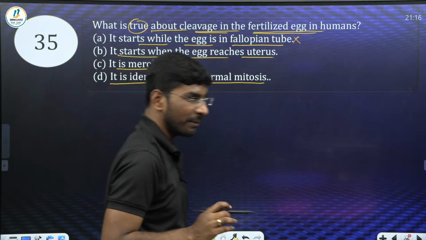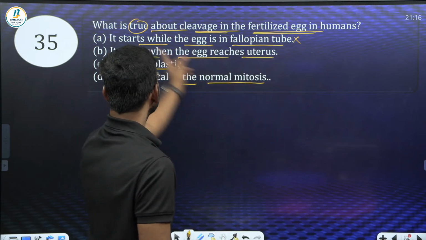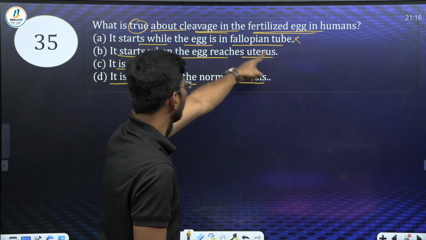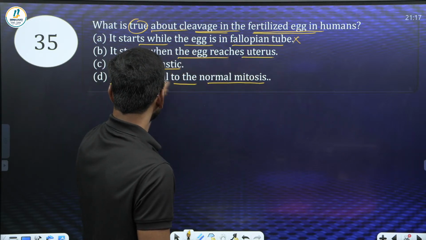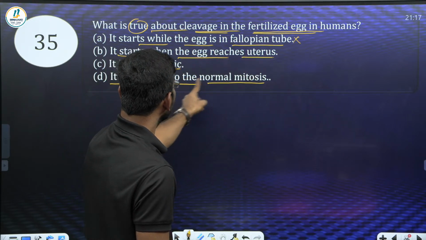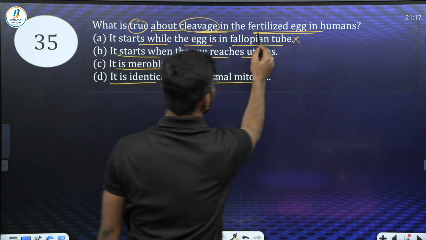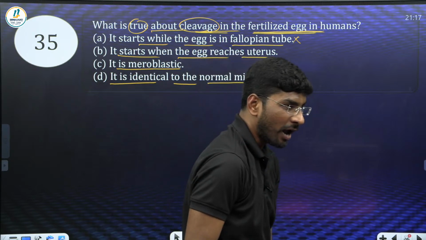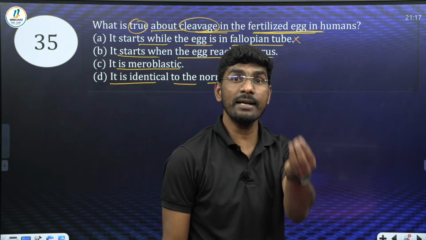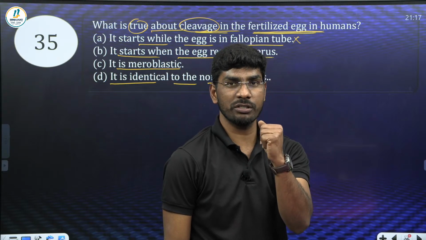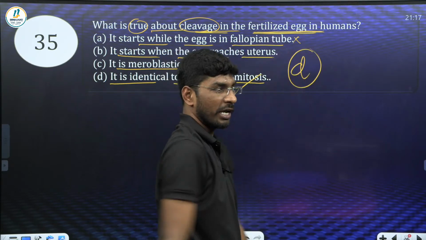So what's the correct answer? Good. It is a mitotic division. Human beings show holoblastic indeterminate type of cleavage.